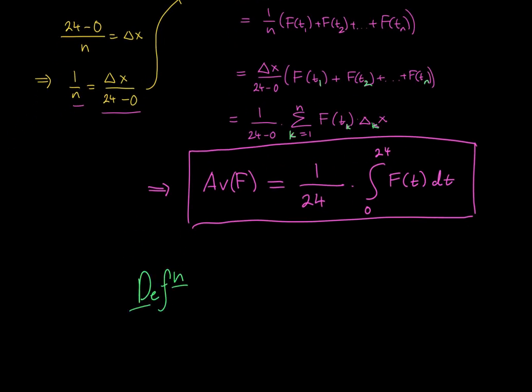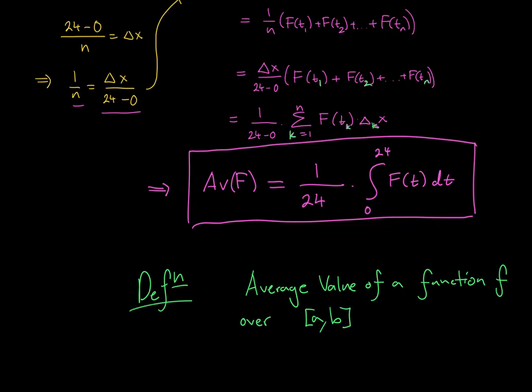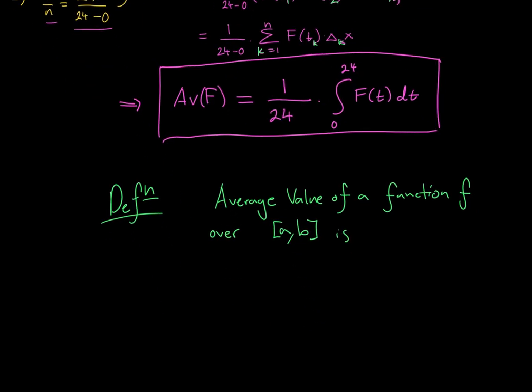The definition: the average value of an integrable function f over a to b is, by definition, AV of f, and that is equal to 1 over b minus a times the integral from a to b of f of x dx.